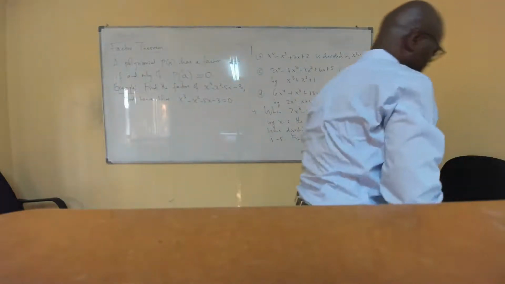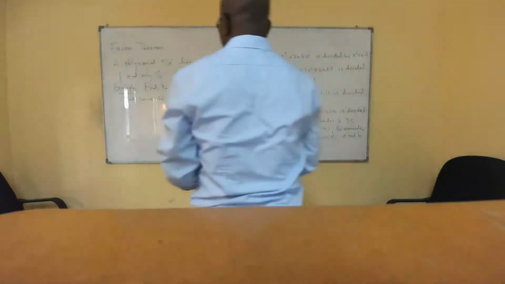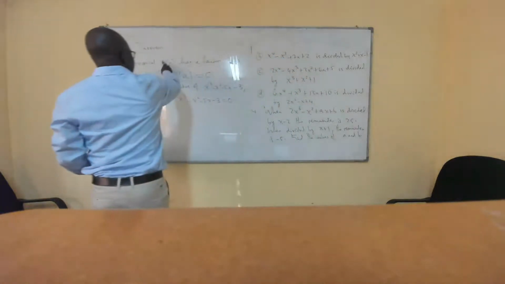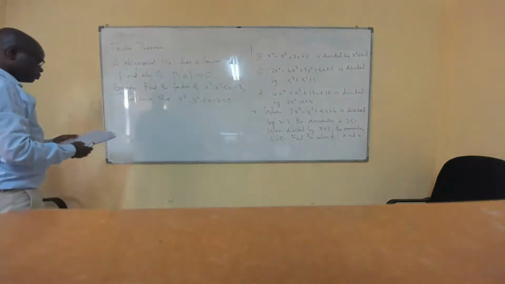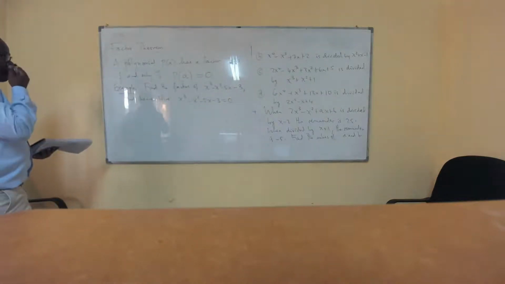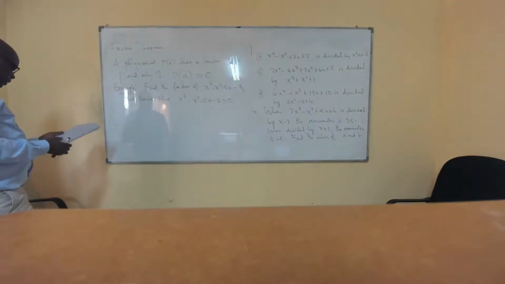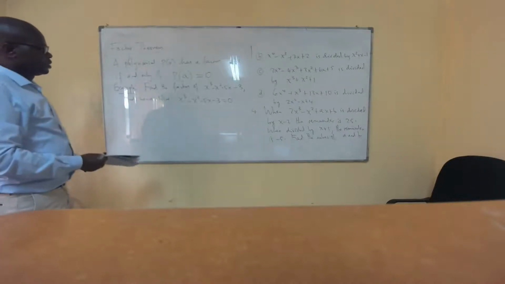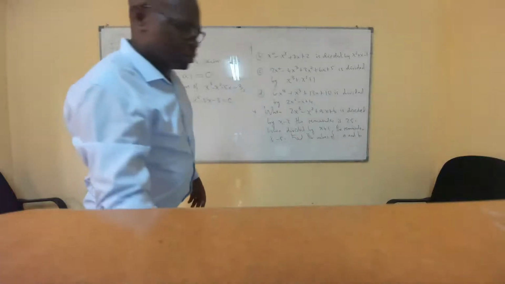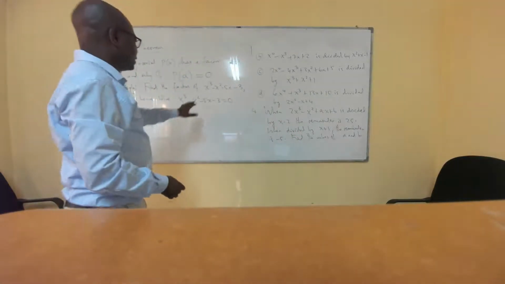When this is divided by x minus 2, the remainder is 0. So this is one problem that we are faced with. How do we factorize this?